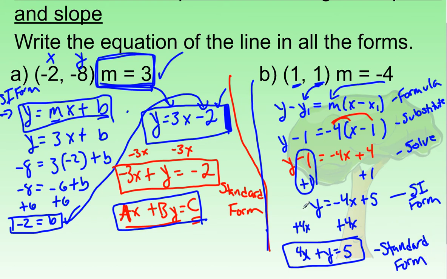Here we have slope intercept form. And here we have point slope form. So those are all 3 forms if you needed them, 9th graders, Keystoners. If you don't need them, then if you only need slope intercept form and standard form, here they are.